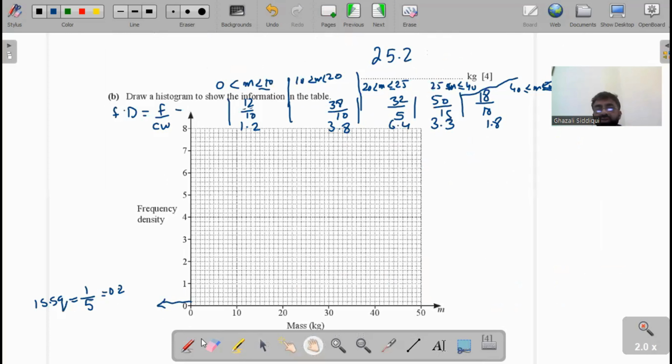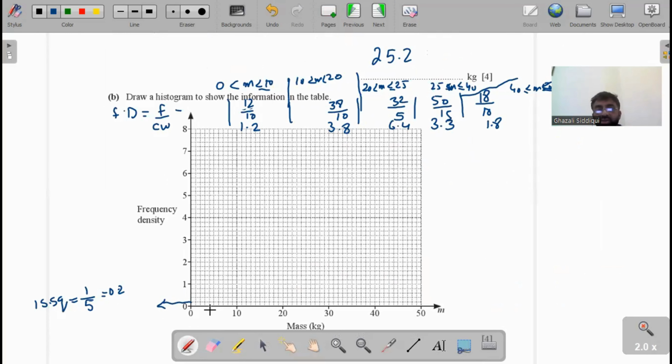Now we have it here: 0 to 10, and the value is 1.2. The frequency density is 1.2, and the interval is 10.